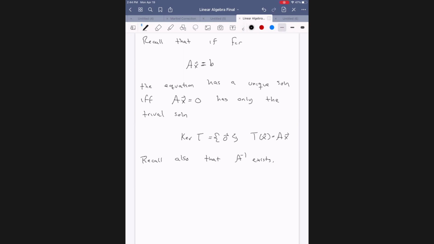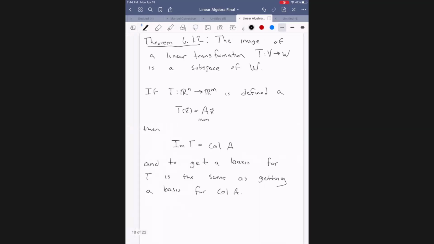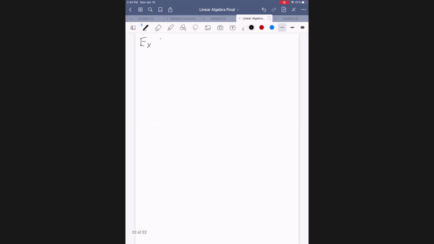So let's look at some examples then, before we completely finish. What example is this? 6.1.4. So let's do one.